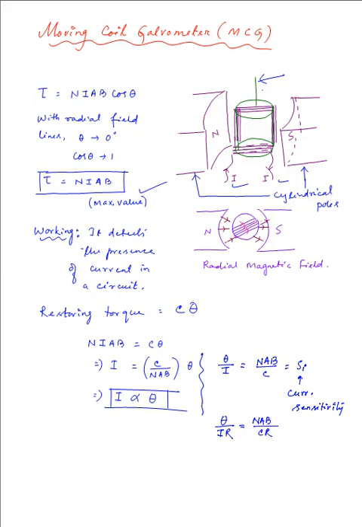So if we multiply it on the left hand side, we multiply it in the denominator of the right hand side as well, and that gives the voltage sensitivity, which also means the minimum amount of voltage that can produce a deflection through a unit value. So that is what the voltage sensitivity is all about. So this is theta divided by IR, which is nothing but the voltage, and that is equal to SV.